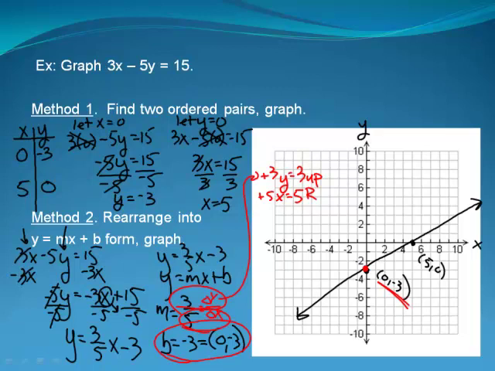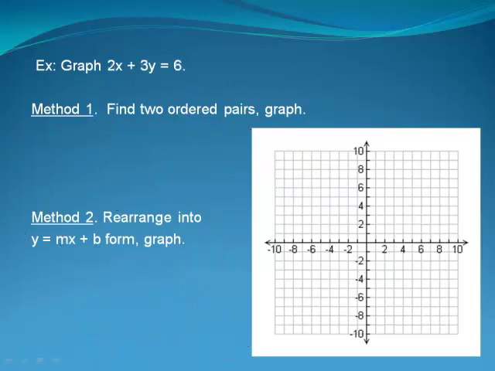So from the y-intercept, we're going to go up 3, 1, 2, 3, and we're going to go right 5, 1, 2, 3, 4, 5. Happens to be the very same point. Looks good. Both methods give us the same line.